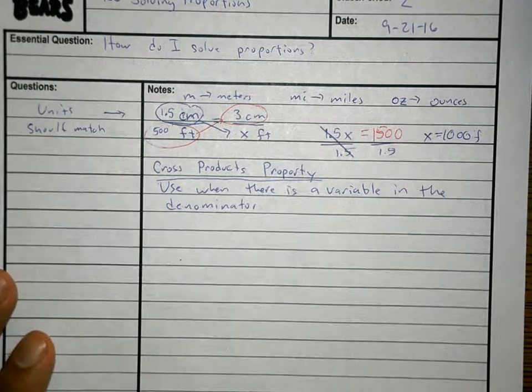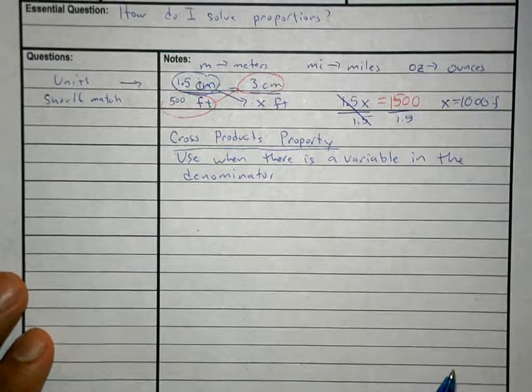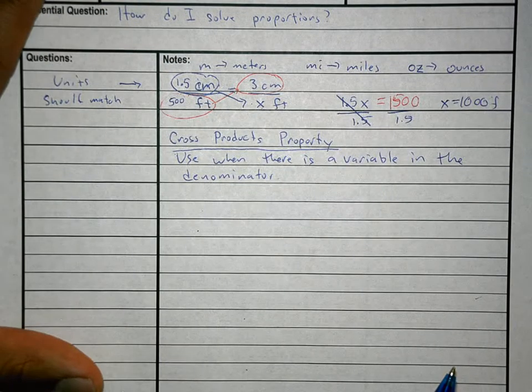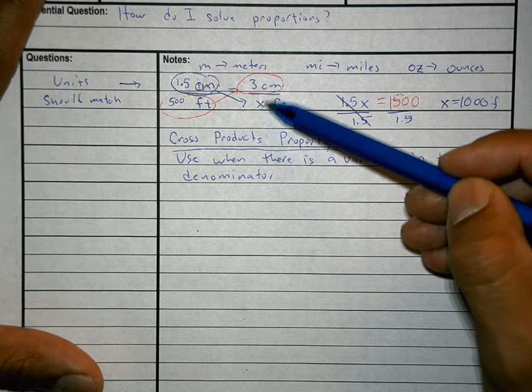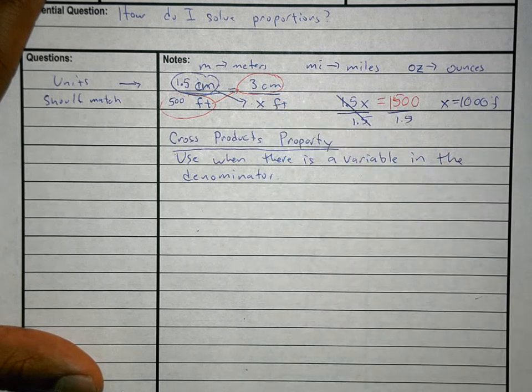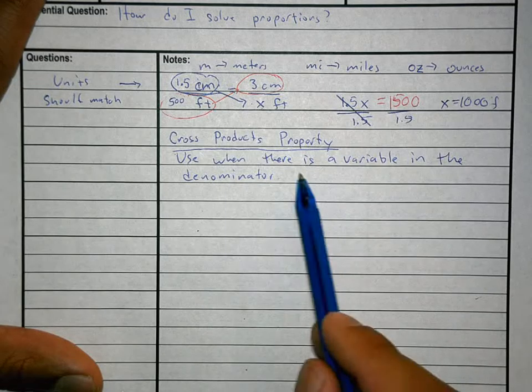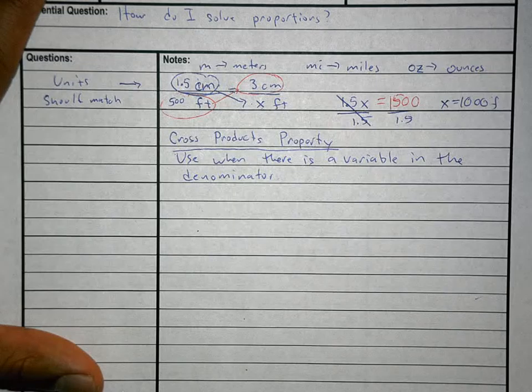I want you to use it when there's a variable in the denominator. Let's look at this. 3 over x. Is the unknown value in the denominator? If it is, that's when we're going to need you to use the cross products property. It also works for negatives.